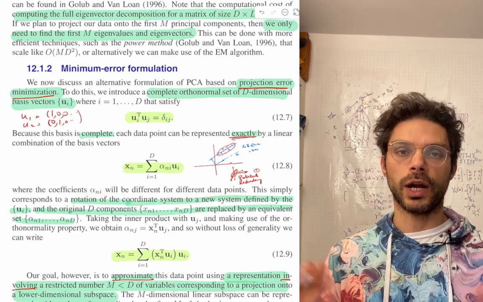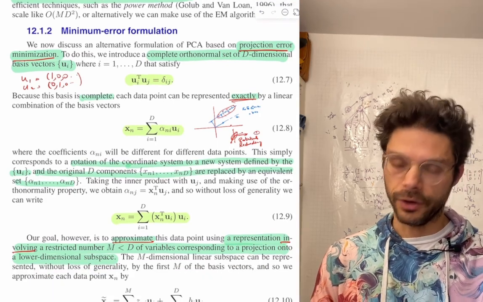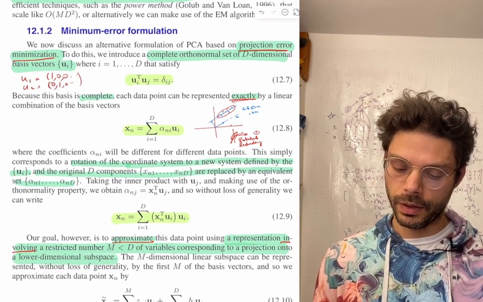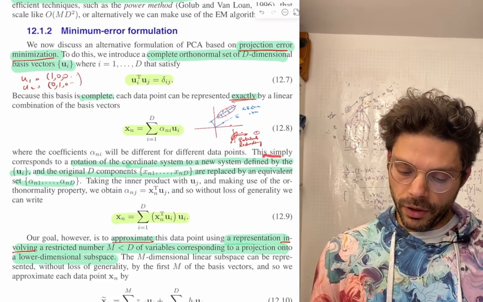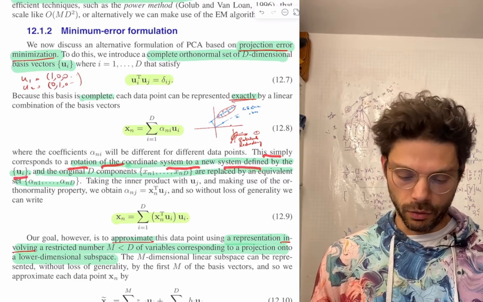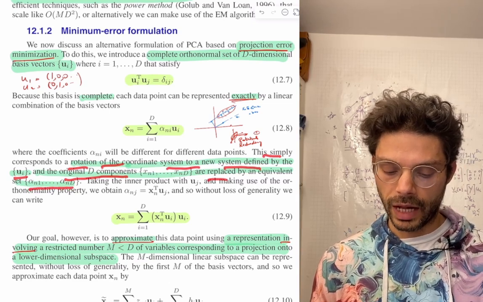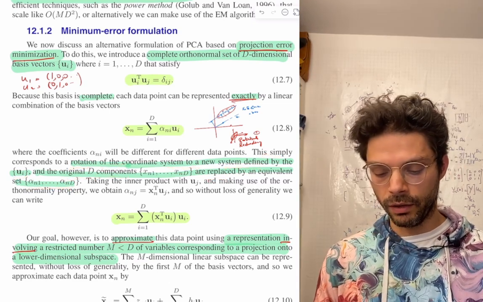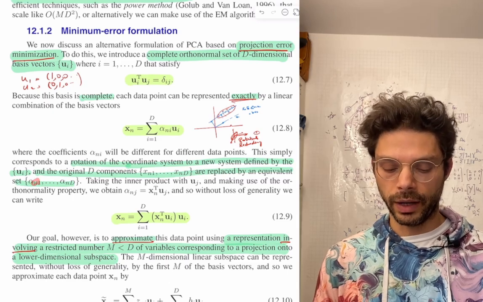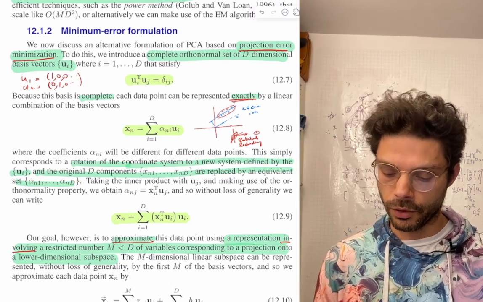So we're going to project along every direction, in an obvious way. Now this simply corresponds to a rotation of the coordinate system to a new system defined by the u_i, and the original D components are replaced by an equivalent alpha n1 to alpha nd. So for each data point, we're going to have D, in most cases, new coefficients.